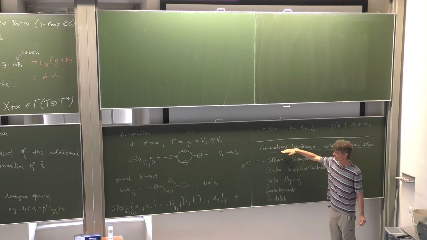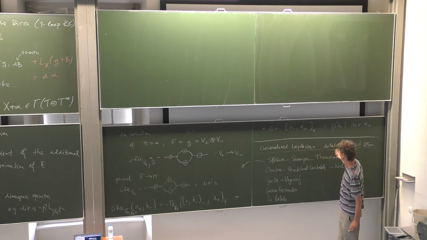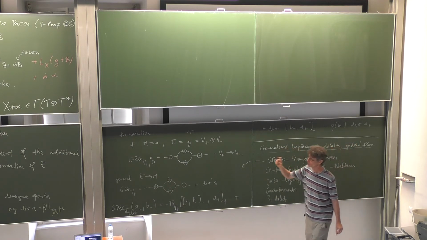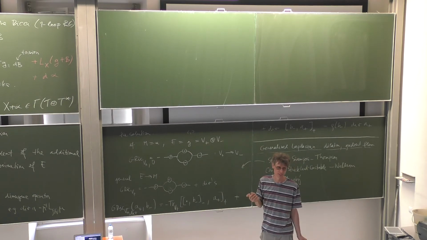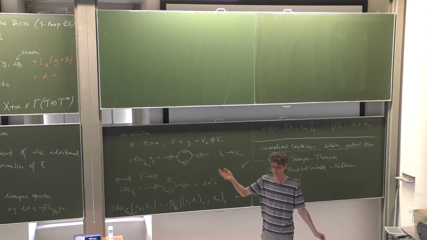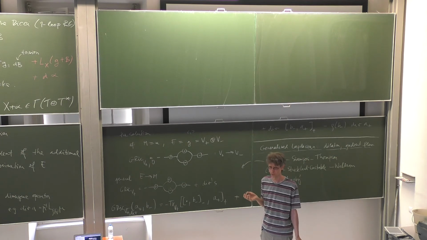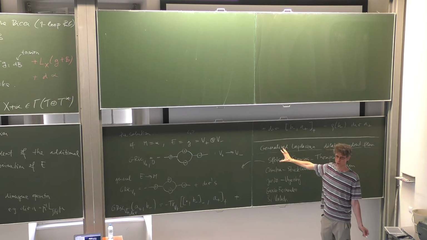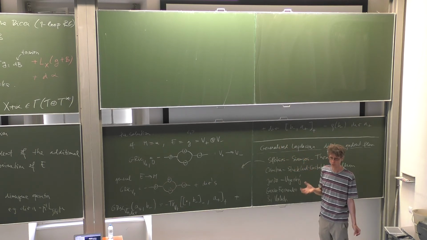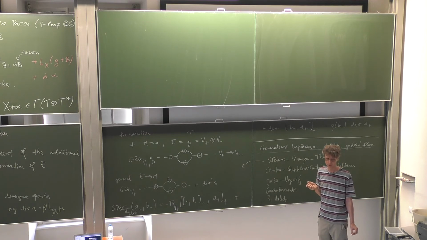So, how about this generalized Laplacian? I wrote some words here, but one thing that is somehow ugly over there is that there is this additional data. Nobody wants some strange, unnatural solution. So the natural problem here is, what is actually natural? What depends only on this Courant algebroid and the generalized metric?